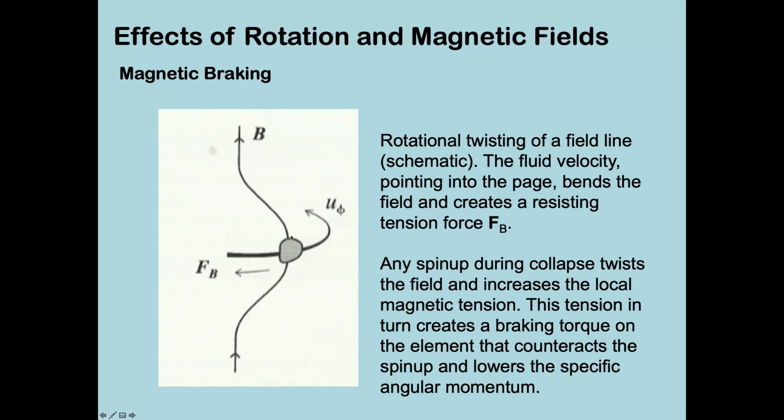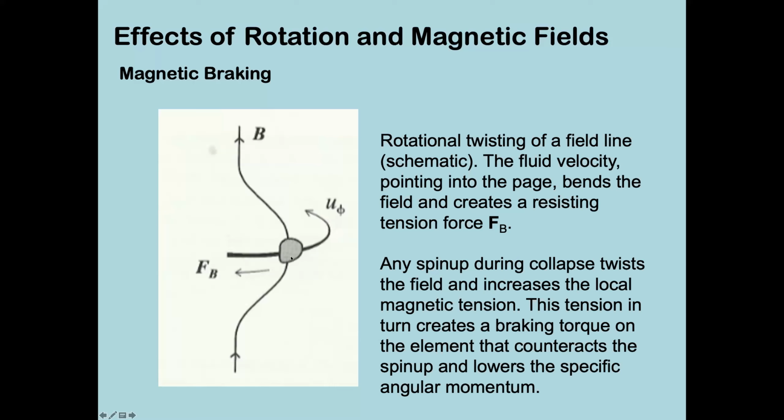If you have material here that is rotating in your cloud, the material is in a sense linked to the magnetic field lines because there are some ions that are frozen into the field lines, and then the neutrals collide with them. So the field lines tend to follow the rotation together with the material. The rotation is going into the page here, so you have this rotational velocity toward the page.